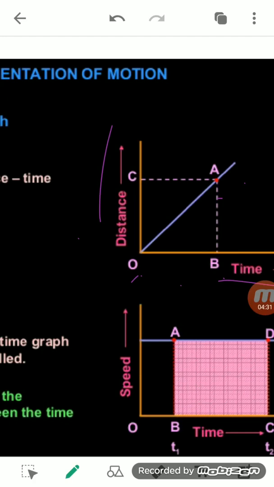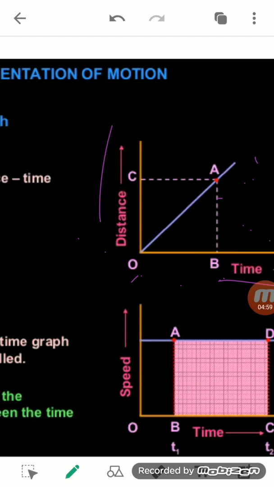It is a straight line which is showing the uniform speed or the uniform velocity in the graph. So we can say now that the distance time graph of a body which is moving at a uniform speed is actually a straight line.